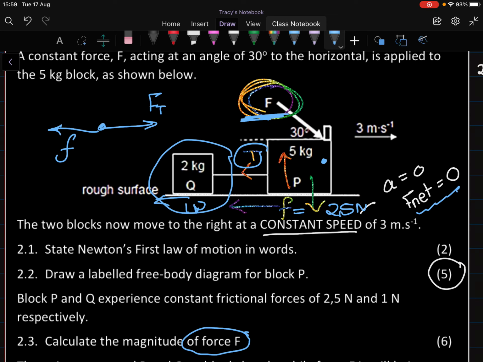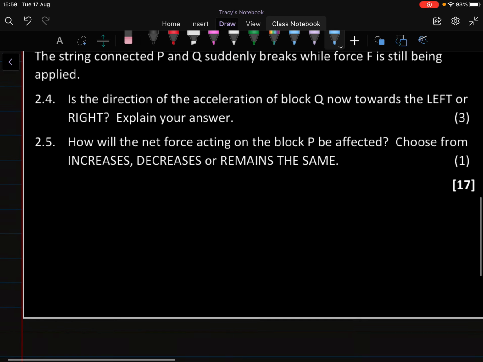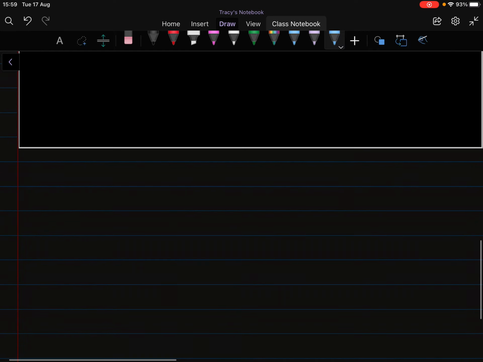Now, what do I know? Acceleration is 0. So the resultant force acting on the 2 kilogram block is 0. Okay? That's important. So when we go back here, this is what we're doing. For the 2 kilogram block, which is Q, I know that Ft goes in that direction, friction goes in that direction.